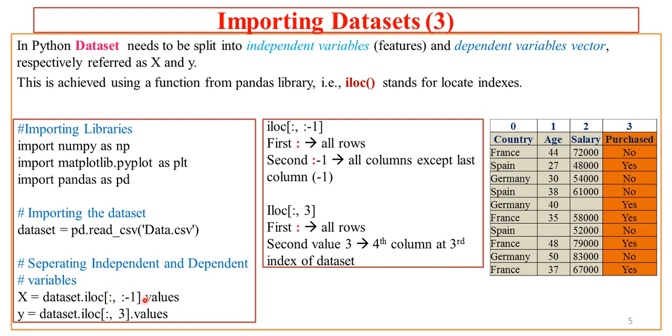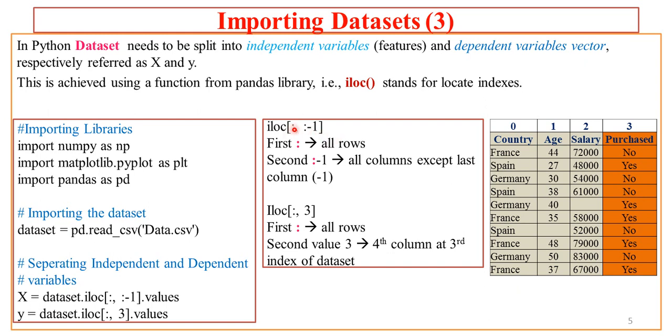That means whatever the slicing provides, the values available in the original dataset data frame will be extracted and put in the variable capital X, and all the dependent variable values will be extracted and put in the variable small y. Now let us focus on this slicing part. The iloc function has arguments provided in square brackets, and that is called slicing.